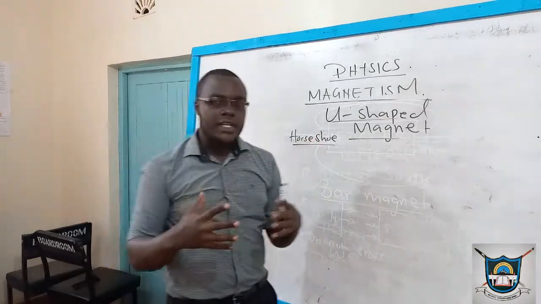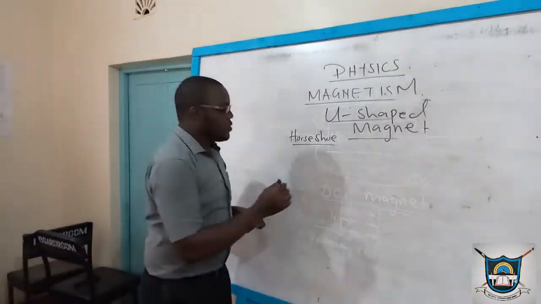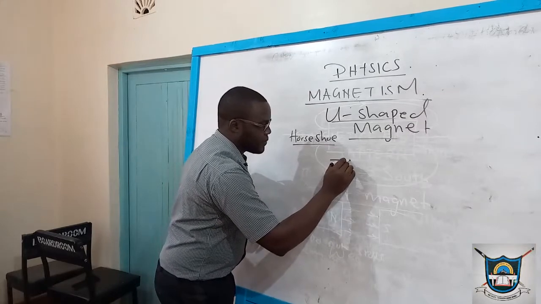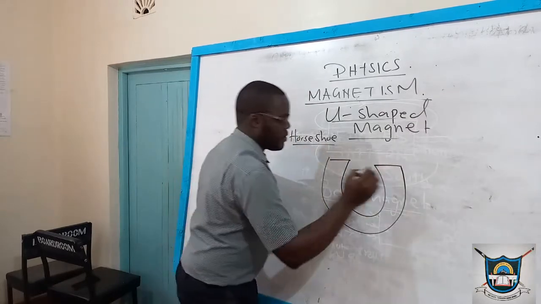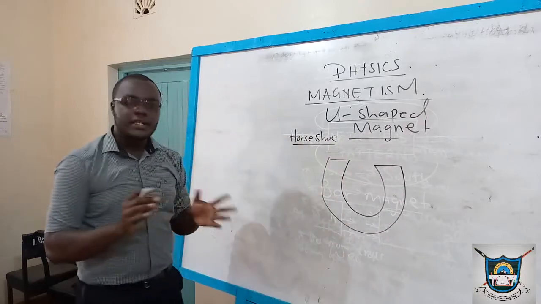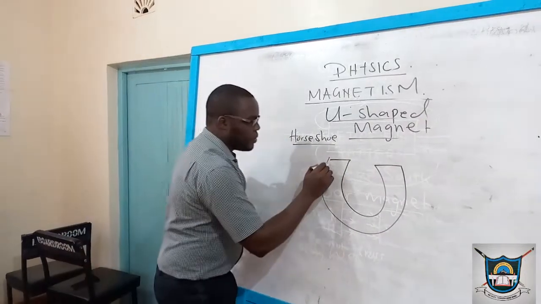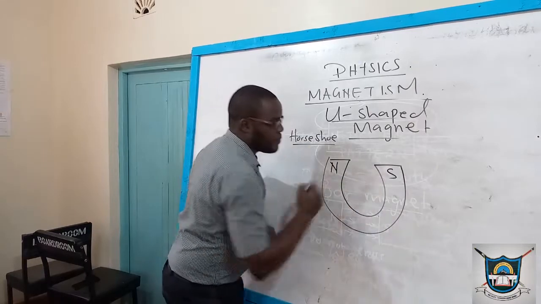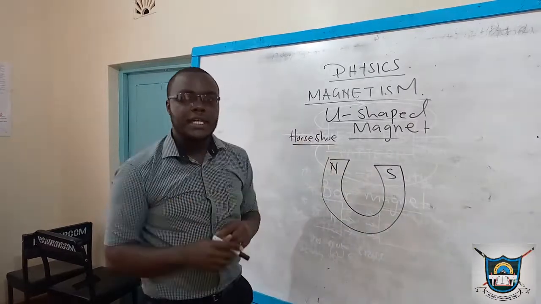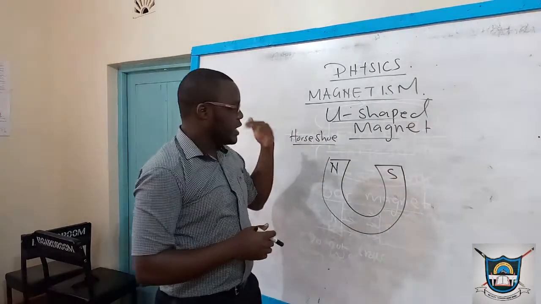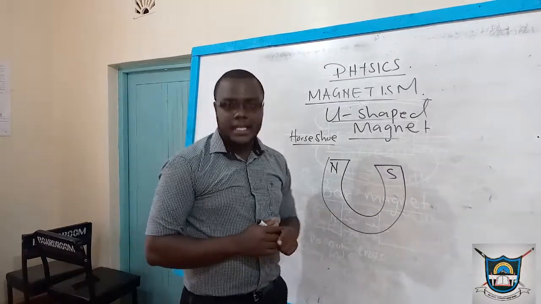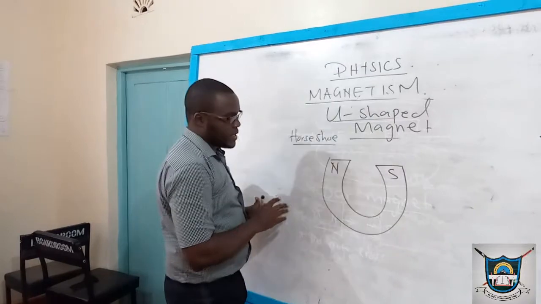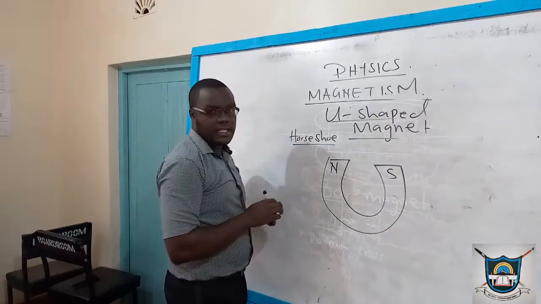They tend to have a similar shape because, just like the name suggests, it has a kind of U shape. The poles are found at this region, and I remember I had given you a diagram of a U-shaped magnet in our previous lesson as an example.